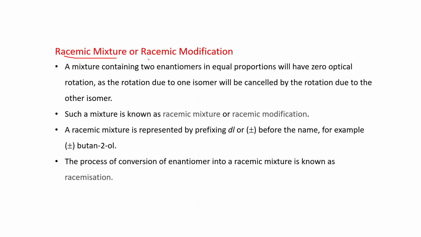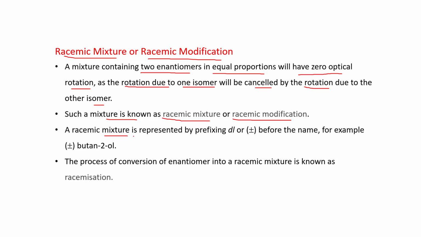Racemic mixture or racemic modification. A mixture containing two enantiomers in equal proportions will have zero optical rotation. Why? As the rotation due to one isomer, which is to the right-hand side if you assume, will be cancelled by the rotation due to the other isomer, which will be to the left-hand side. Such a mixture is known as a racemic mixture or racemic modification.